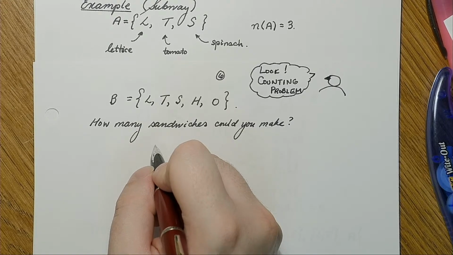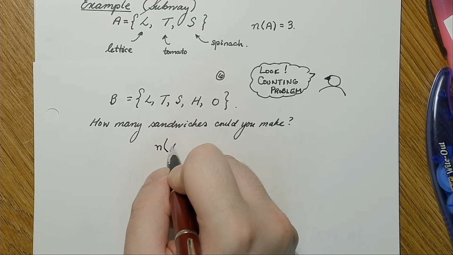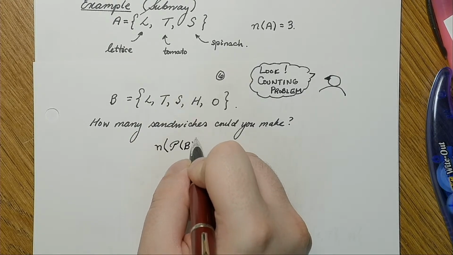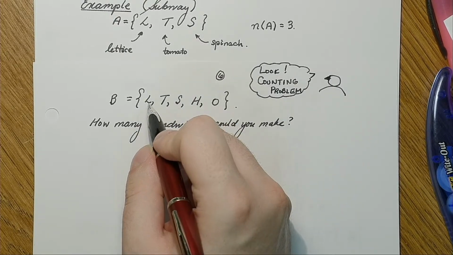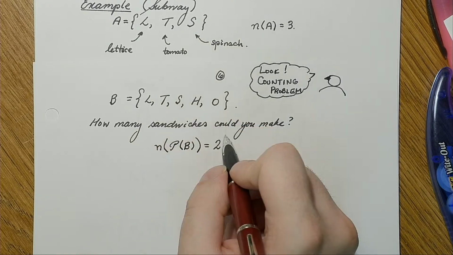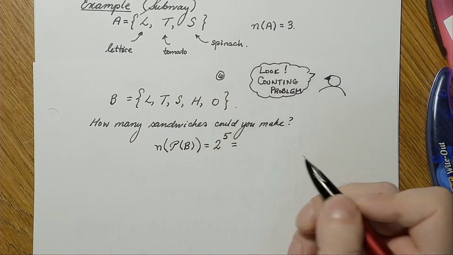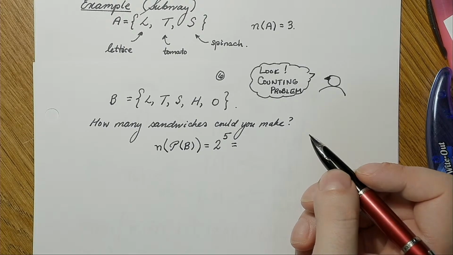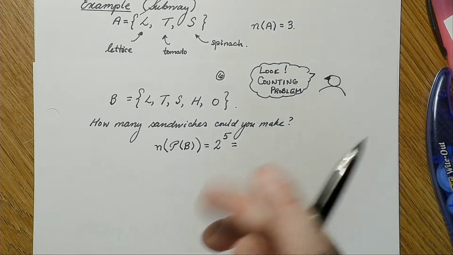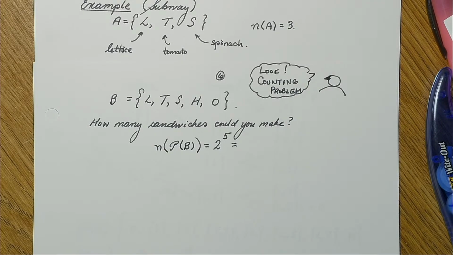Well, the answer is the size of the power set, which is 2 to the 5. So 2 times 2 times 2 times 2 times 2. Is that 32?